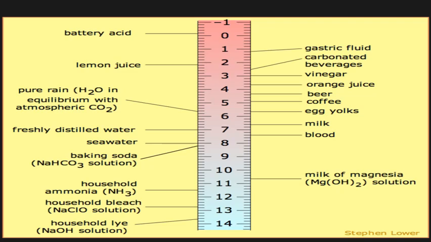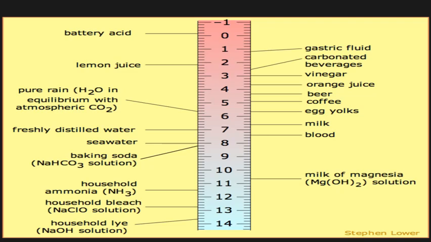Acid rain is nearly 5.6, household ammonia is 11.5, and milk of magnesia is an antacid, which is used to reduce the acidity in your stomach if the acidity is increased.